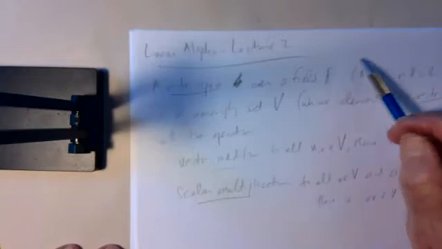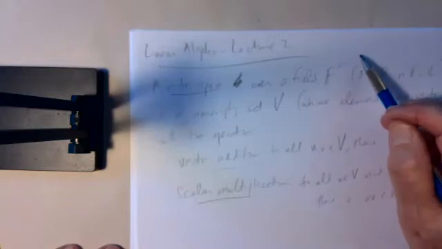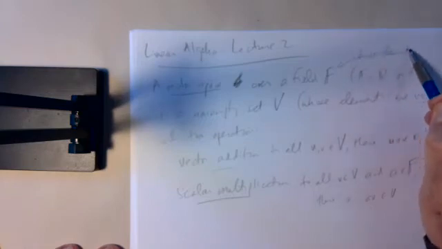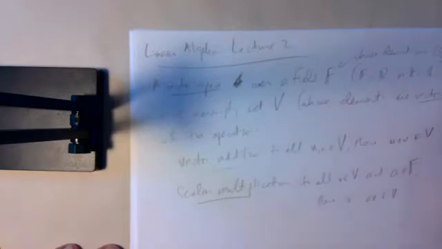And the elements of a field are called scalars. So in linear algebra, scalar is just a number. So there are two operations in a vector space. You can add vectors, and you can multiply a vector by a scalar.